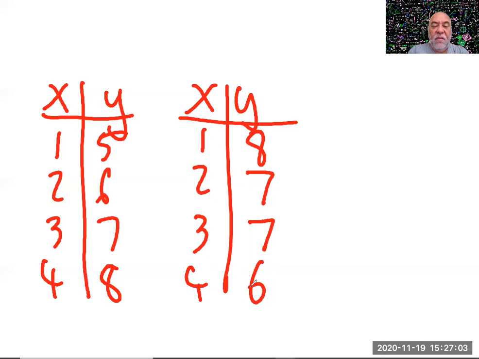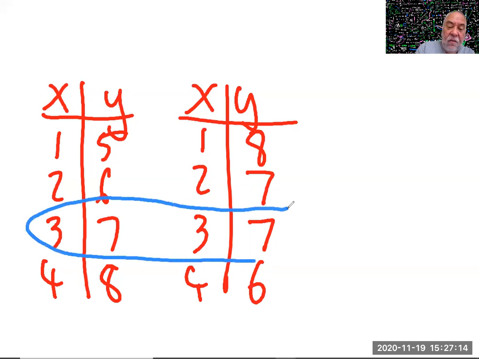Okay, so if they give you 2 tables and say, what is the solution? All you have to do is look for the same point on both tables. And in this case, look at that, 3, 7. There's a solution. At x equals 3, y equals 7. That's where they intersect. It's that easy, okay? You can plot those tables if you want, and then see where they intersect, and you'll see it's at 3, 7. But you don't have to. All you have to do is look for that common point between the 2 tables.